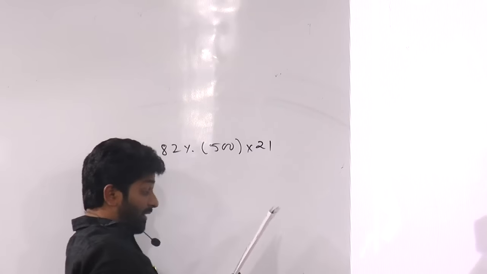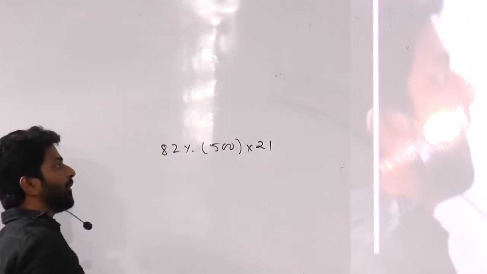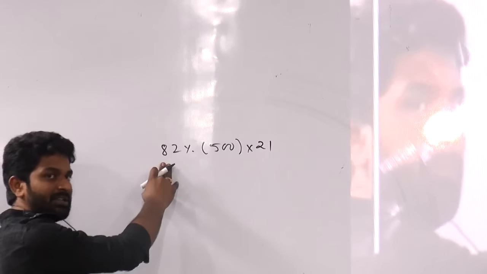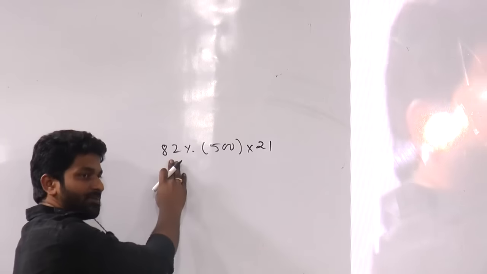What is right hand side value? So this is what you need to calculate, right? Okay. 82% of this number or 500% of 82. Is that okay? Yes. 500% in the sense 5 times of this number.